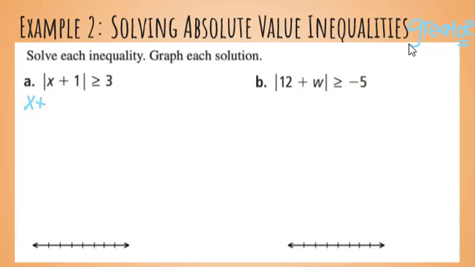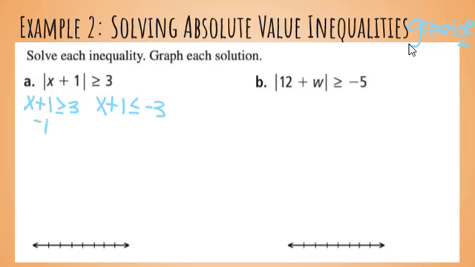So we start with what's inside the absolute value, copying down exactly what we see after that, so greater than or equal to 3. Then again, start with what's inside your absolute value. We're going to flip the symbol and change this sign. So now we're going to have is less than or equal to negative 3. So now we're going to work on solving for x in both of these.